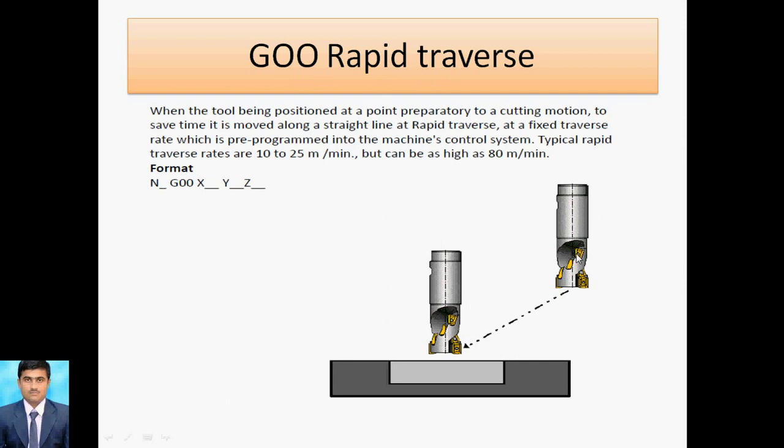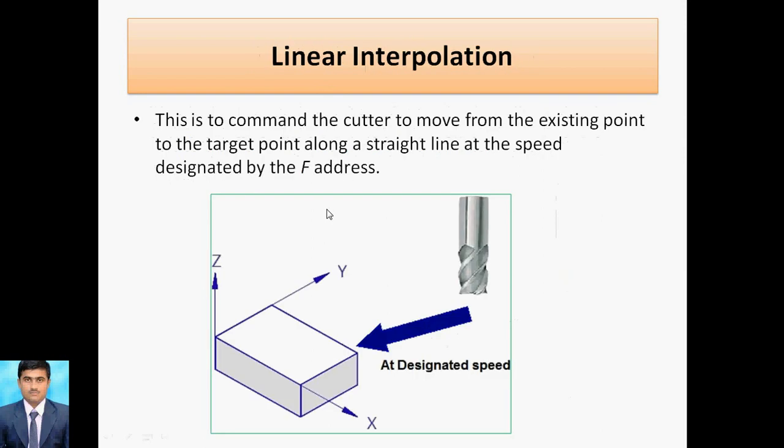Here the tool is at the reference point, and here the tool is in contact with the workpiece. We mention G00, rapid traverse, so the tool will move fast, and we mention the x, y and z values. So this is regarding rapid traverse, the simplest method mentioned here.